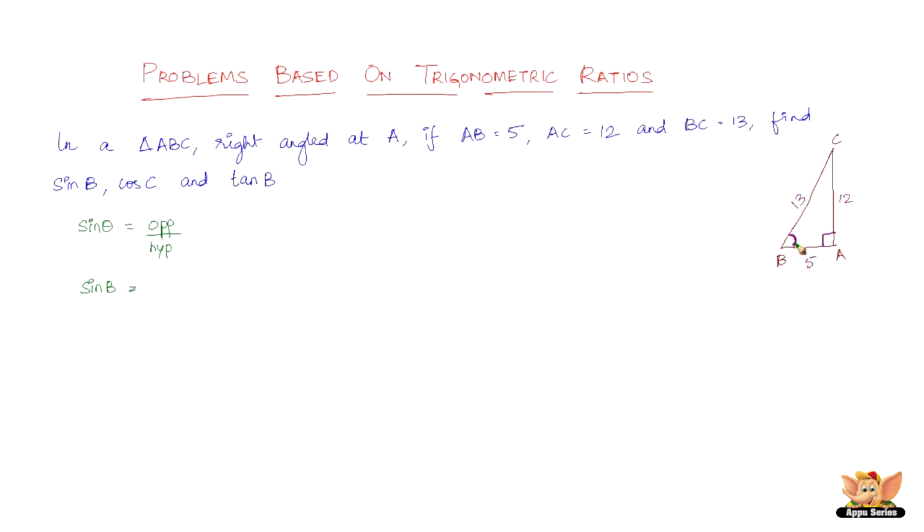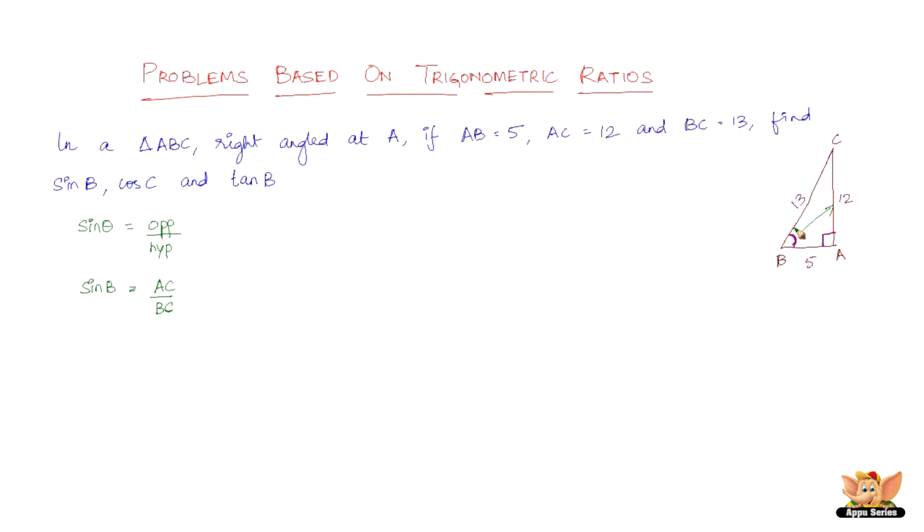So for sine B, which is the side that is opposite to B? It is AC, which is 12, divided by the hypotenuse BC. No matter which angle is being referred to, the hypotenuse is not going to change. But the opposite and adjacent change depending on which angle we are talking about.